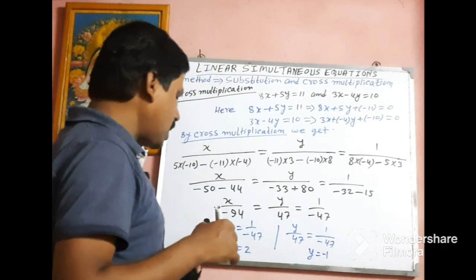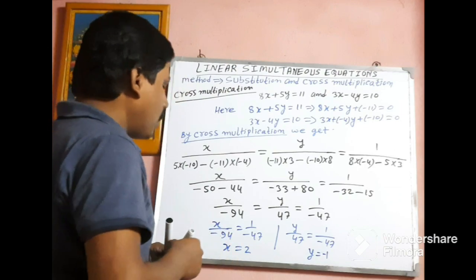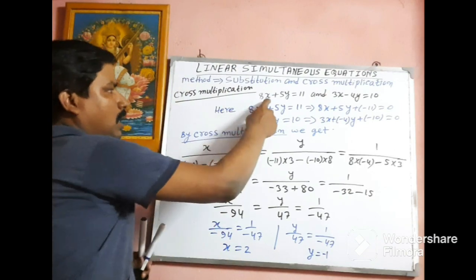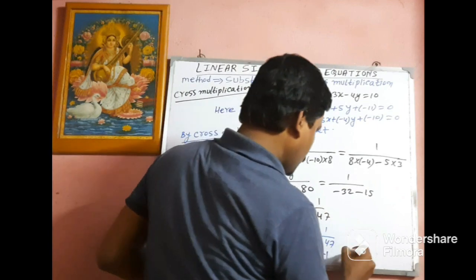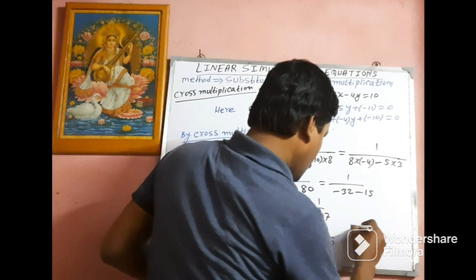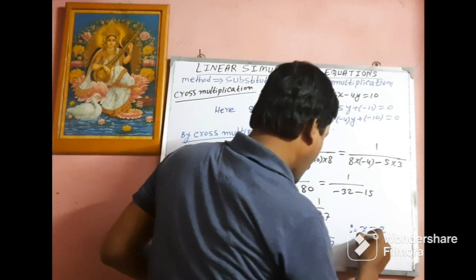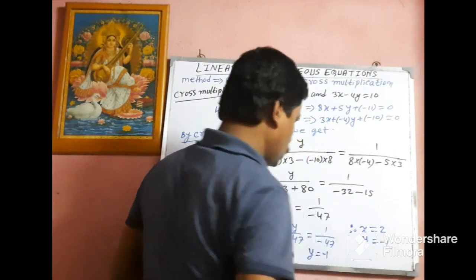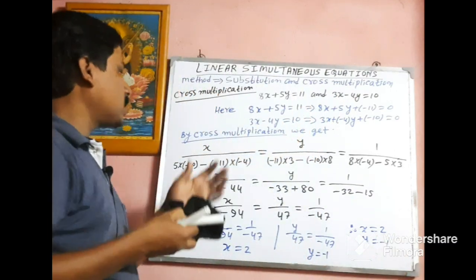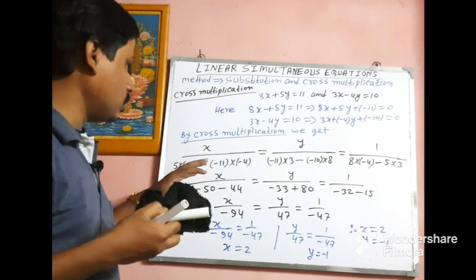So this is the solution of the given two equations, and the solution is x is equal to 2 and y is equal to minus 1 by using the cross multiplication method.